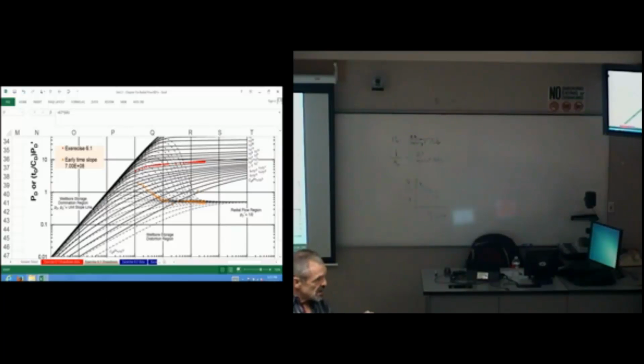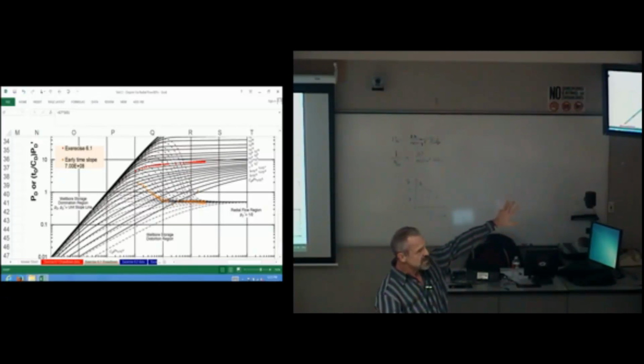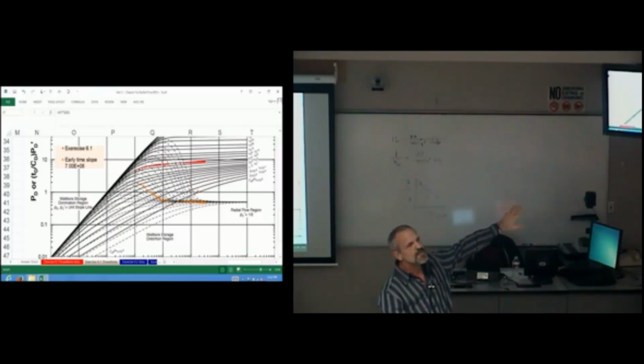And the type curve, again, has its validity because even if you didn't get a type curve match, you'd be able to pick which data points you would use for your regression analysis for your slope.